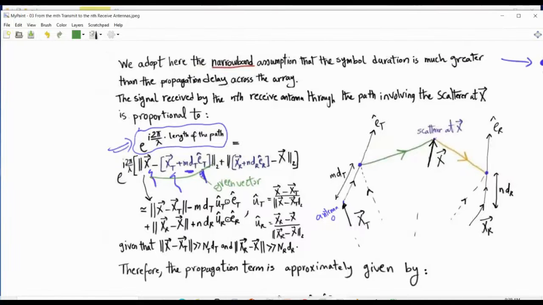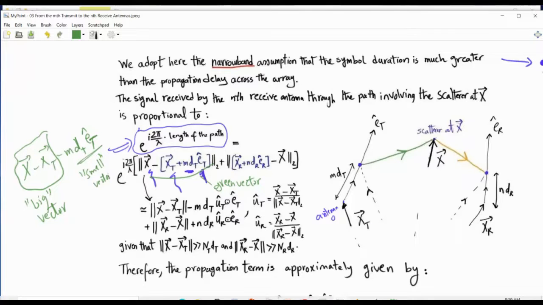So we will take this vector, x minus x_T minus n d_T e_T. So this is the big guy. We'll assume this is a big vector, it has a large L2 norm compared with this small vector.